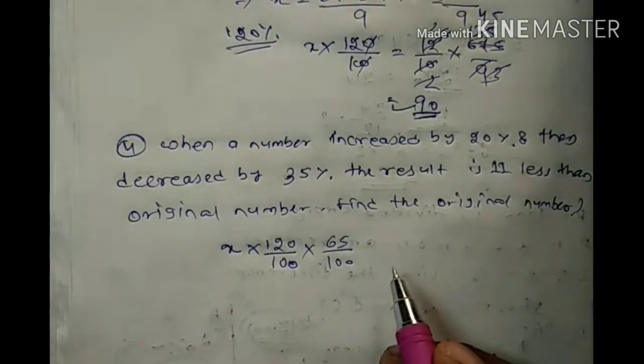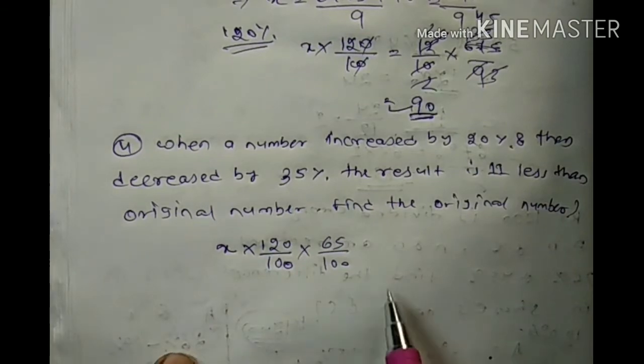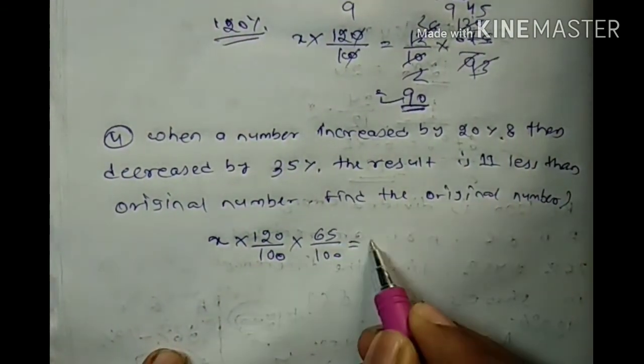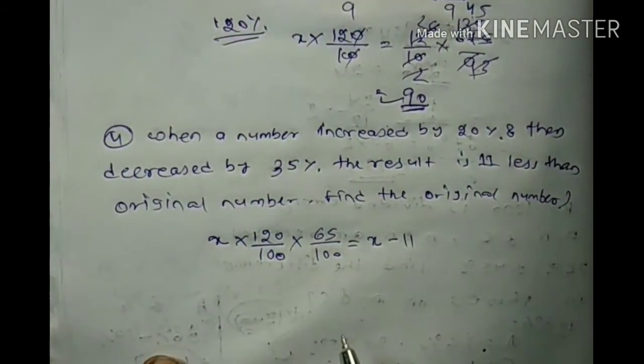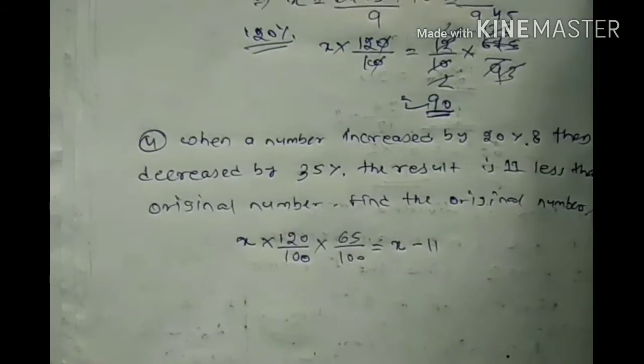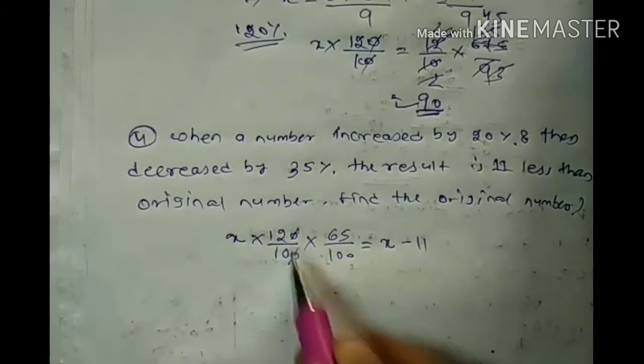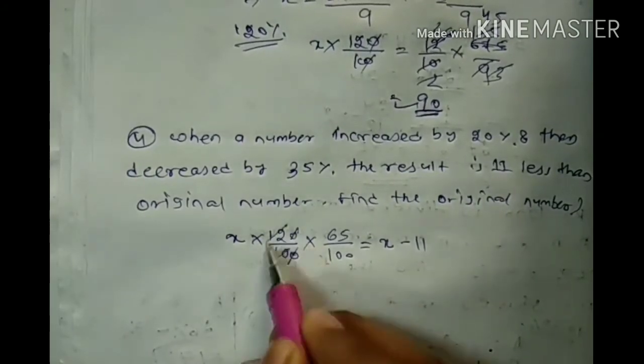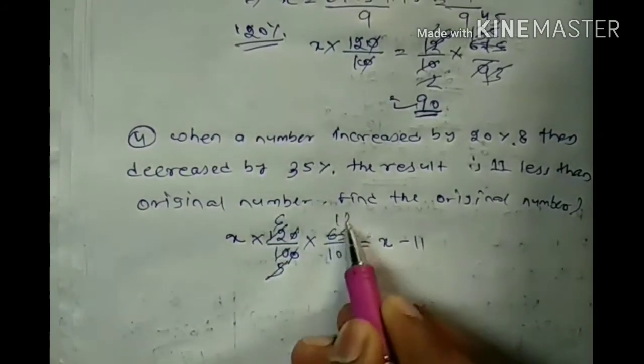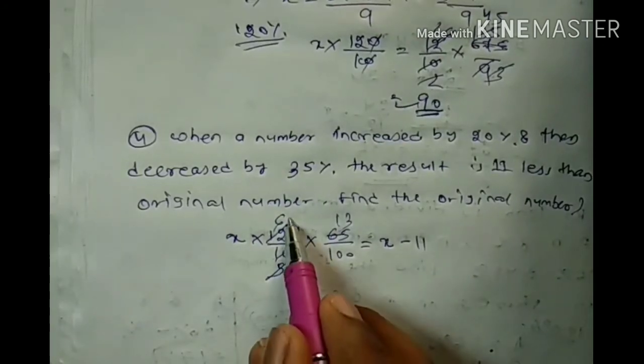The result is 11 less than the original number, which means x minus 11. So we have to solve.